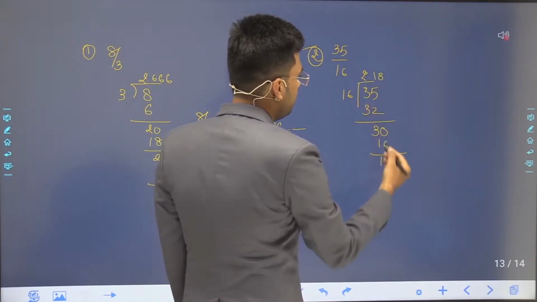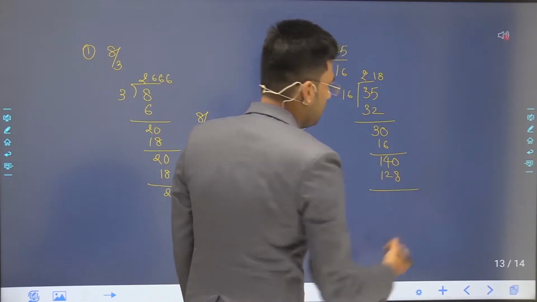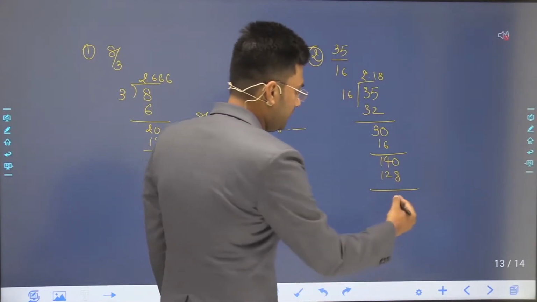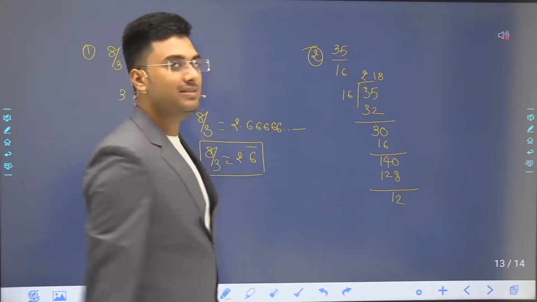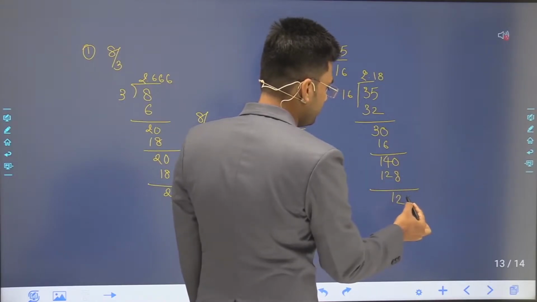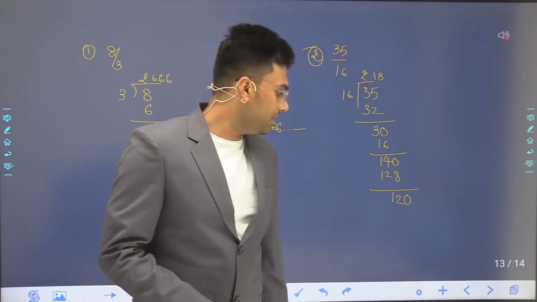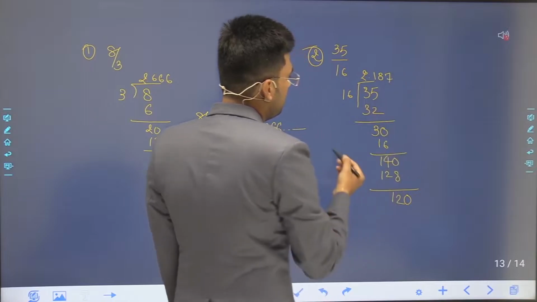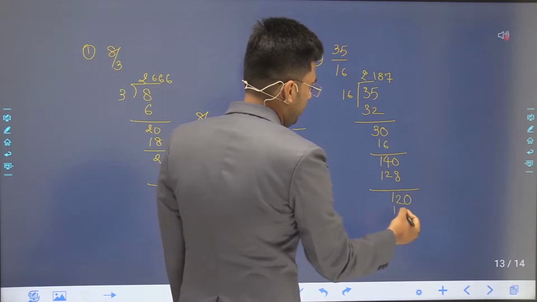Now it goes 8 times. 16 times 8 is 128. Now the difference of 140 and 128 is 12. Now 12 is not divisible by 16, and we have already used the decimal, so we can use 0. Then 120, we have to divide 120 by 16, then it goes 7 times. 16 times 7 is 112.